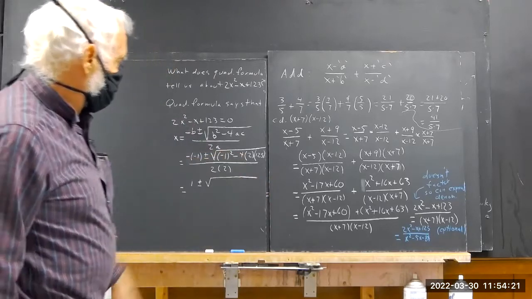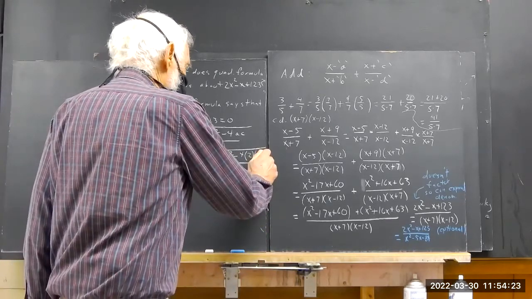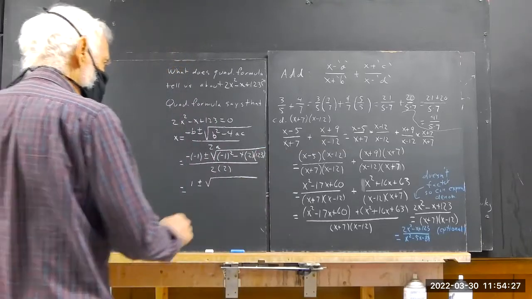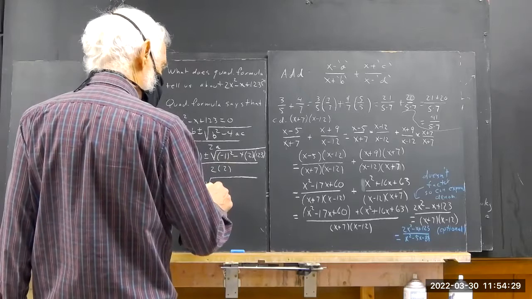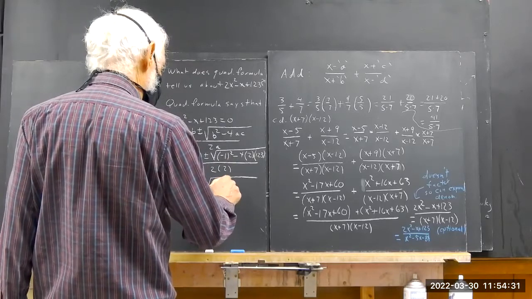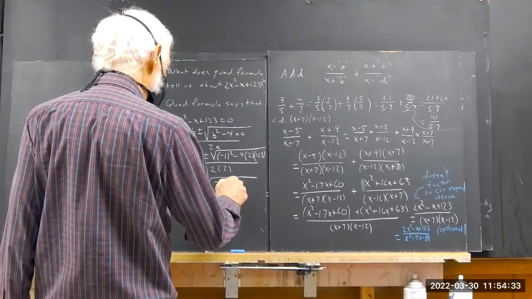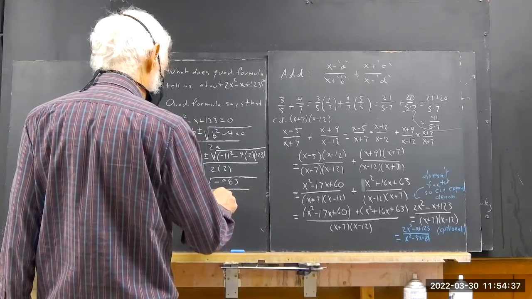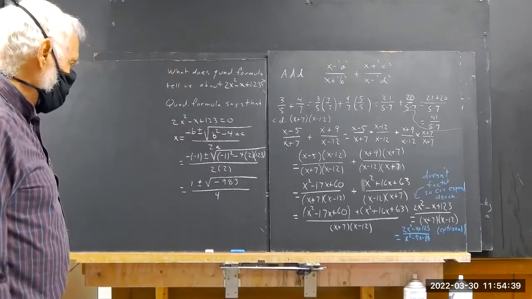If you do the arithmetic here, let's see, 8 times 120 is 960, so that's 984. And that's -983. If I multiply correctly, and you always want to check me on that.